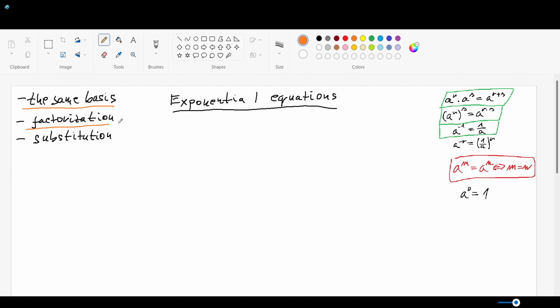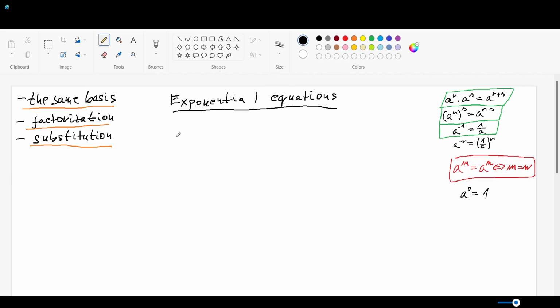The second method is called factorization. You will see it during today's video. And the last method is the method of substitution, which is not going to be shown in this video but in the next video.